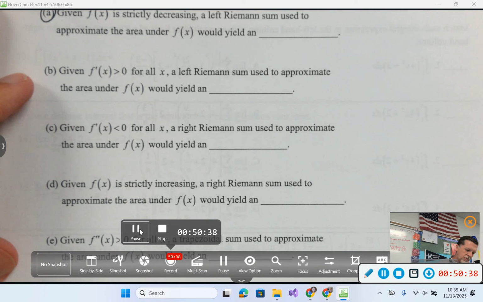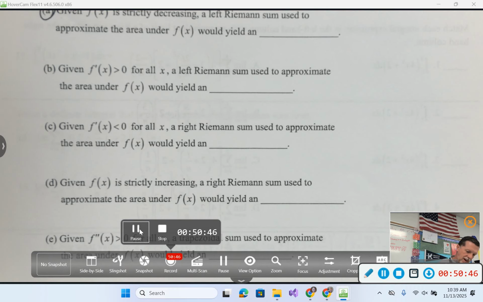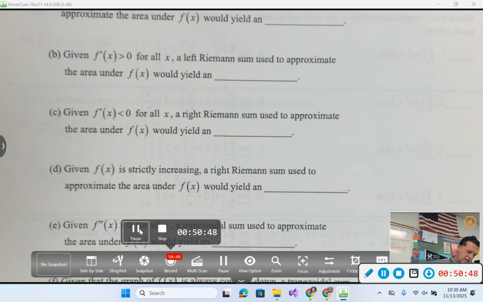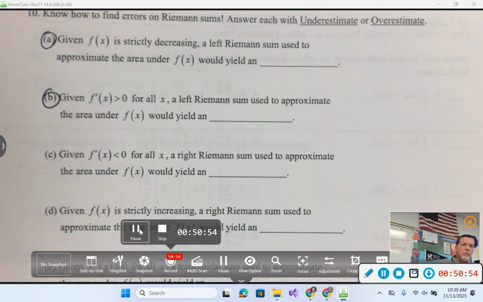And why don't we try... So we get some of these kind of already. Well, let's just try A and B. Just try A and B.